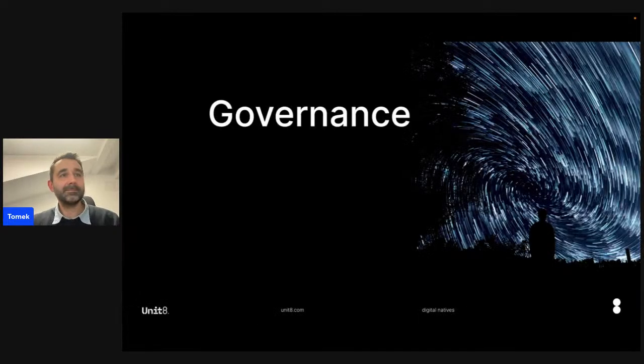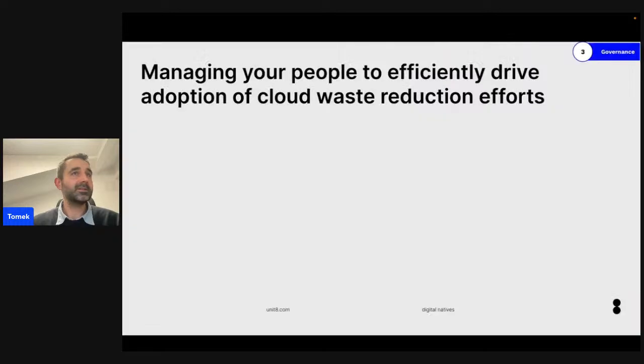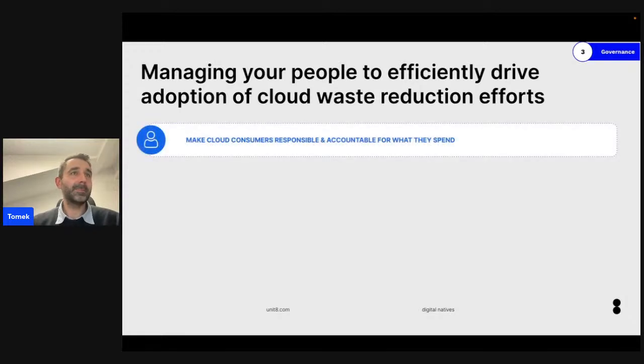Okay, and the last area I want to talk about is governance. So this is all the culture and people, but also technology things that you can do to help manage the cost.